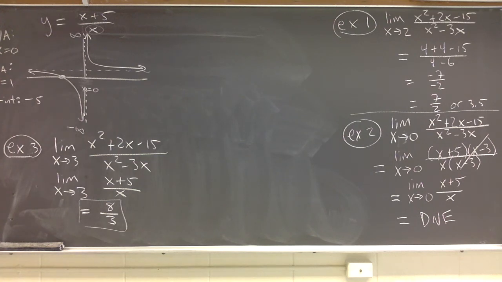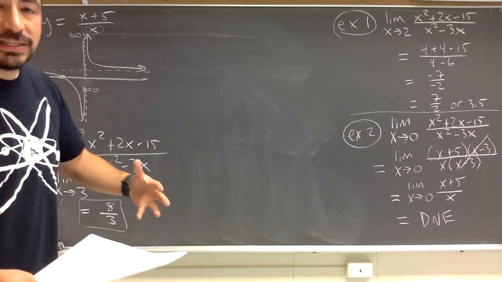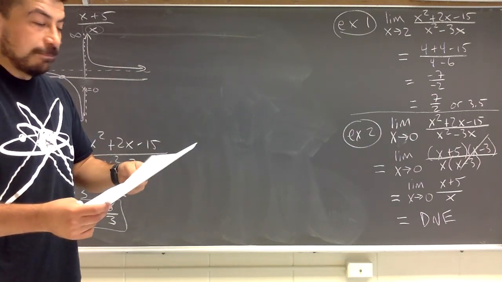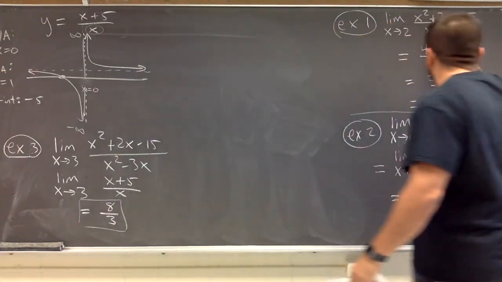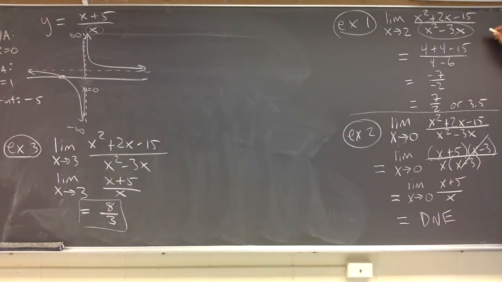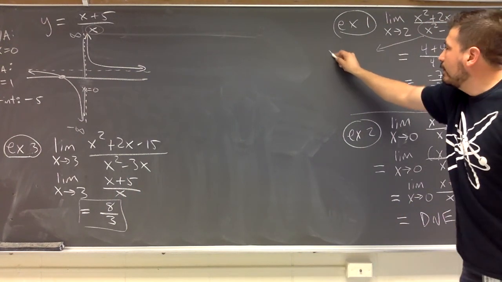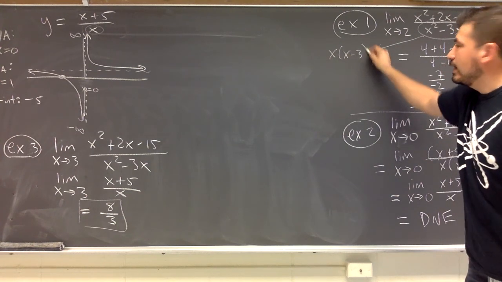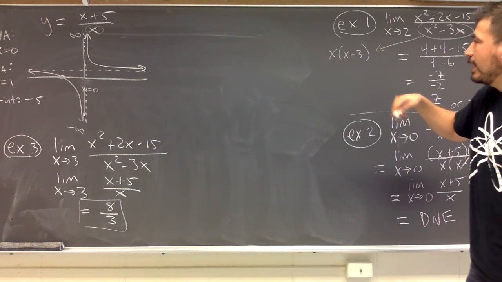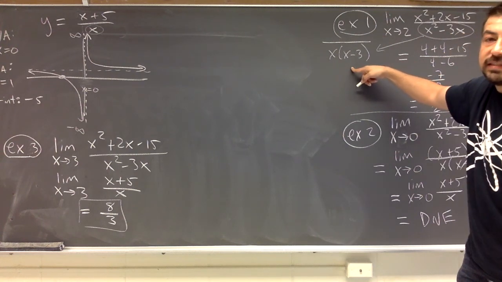So now, one of the things that'll be helpful is for you guys to have some insight. If you just look carefully at the original denominator, knowing that this factors as x times x minus 3, remember that that's in the denominator.